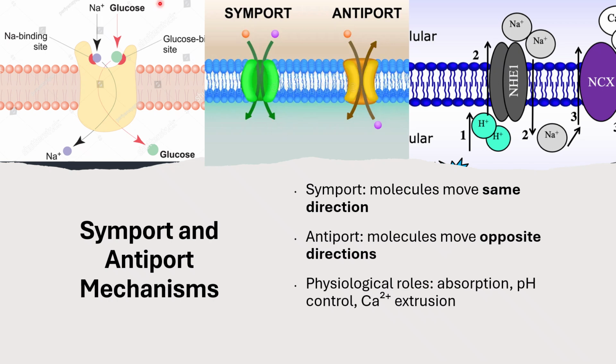The sodium glucose transporter offers a familiar example. Sodium moves down its gradient into the cell and glucose is drawn in alongside it. This is how the intestine and kidney reclaim glucose efficiently, using sodium's downhill gradient to pull glucose back up.